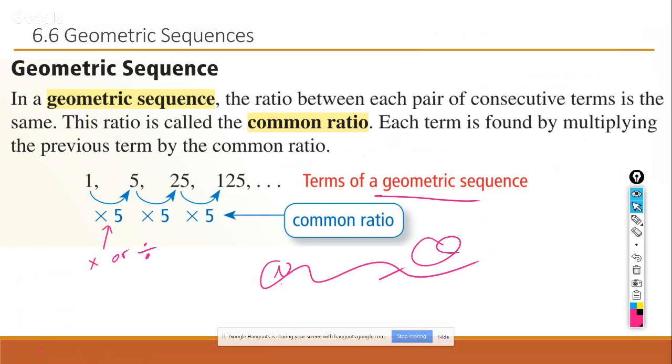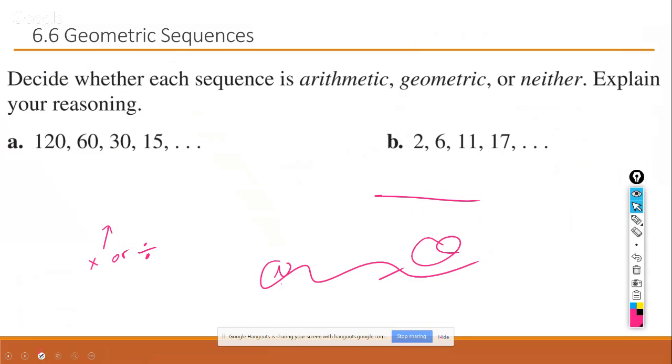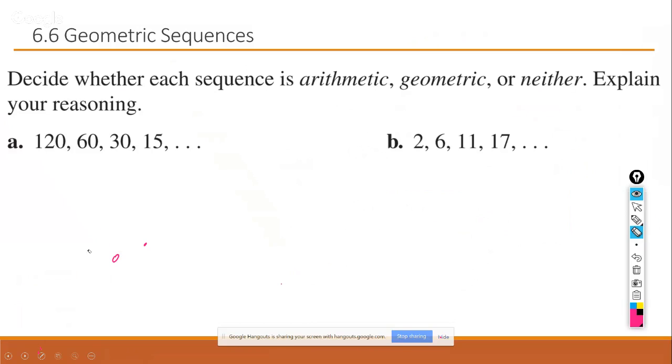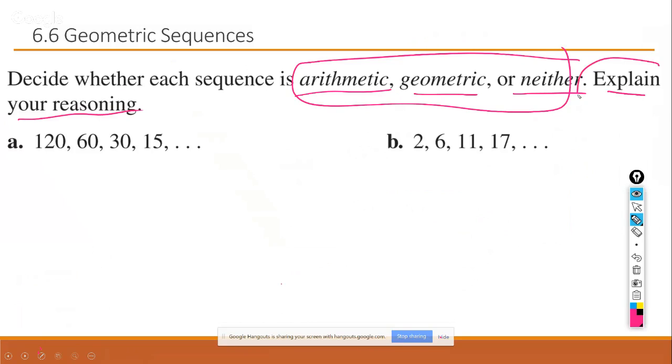Okay, great. Great job. Okay, here are some examples. So you'll have questions just like this. Decide whether each sequence is arithmetic, geometric, or neither. Explain your reasoning. So I have to tell which it is, and I have to explain. So this one, it looks like I divide by 2 each time to get to the next number.